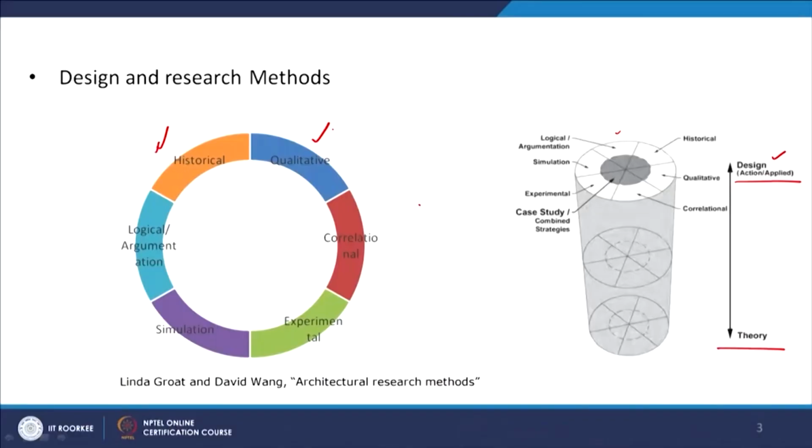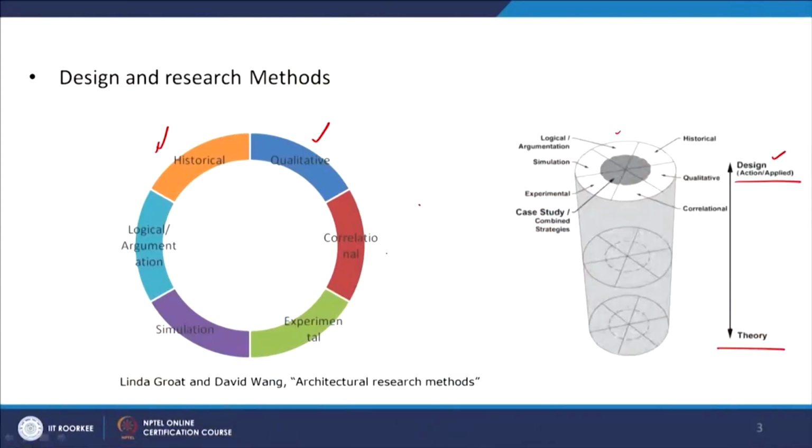So those kinds of research are qualitative. Most user experience design research is qualitative, when we try to find out user behavior, their cognitive psychology, what they think, and how they can behave if we present this kind of information in a website. So what will be their probable behavior, what will be the probable action. These kinds of research come under qualitative research.